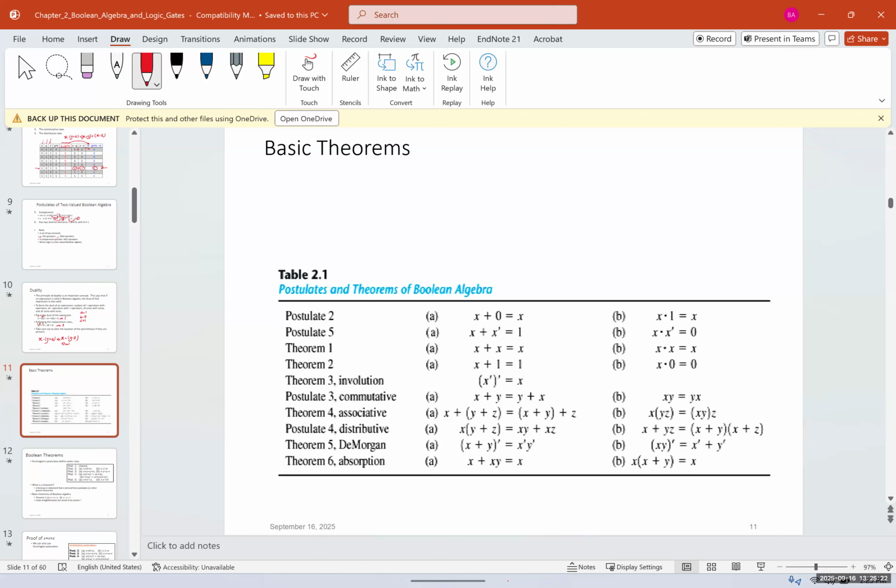And we can actually prove any of these theorems with the postulates as well. I want you to take a good look at this. And I would solve some of them. And these are the basics, and you're going to have this table in your FE and also your exam. And for any Boolean algebra question that you have, you can use this table to solve it.